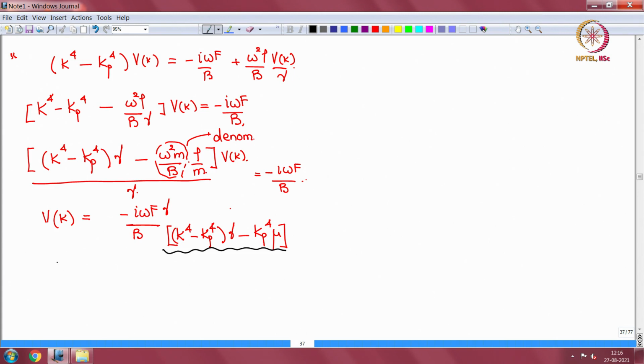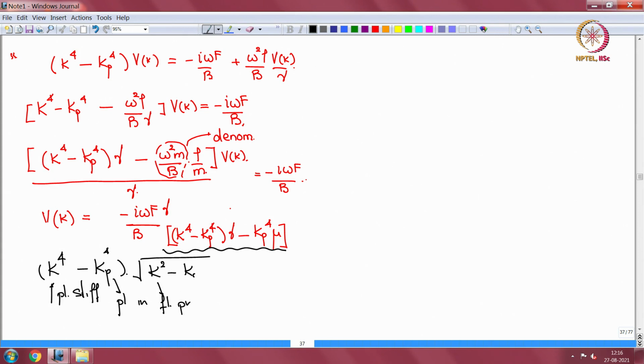We have already seen k fourth comes from plate stiffness, kp fourth comes from plate inertia, then here square root of k square comes from fluid pressure, minus k0 square comes from fluid compressibility, and minus kp fourth mu, carrying rho, is fluid inertia.